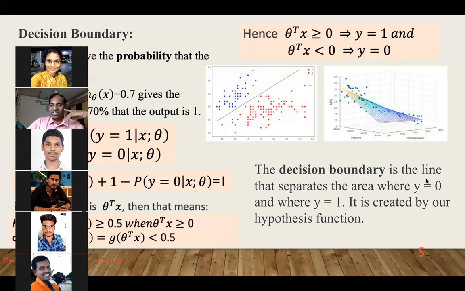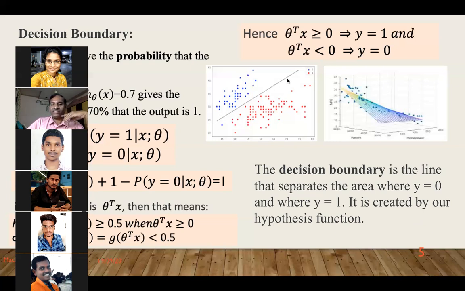The decision boundary is the line that separates the area where y equals 0 and where y equals 1, using theta transpose x. It is created by our hypothesis function. So if we get the h theta x equals 0 line, then whenever it is greater than 0, the class should become 1, and whenever it is less than 0, the class should become 0.